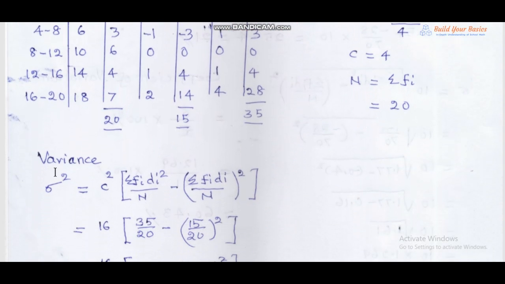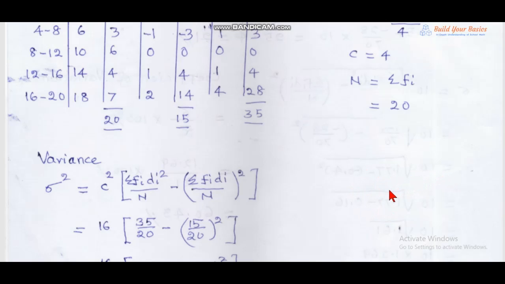Now variance is sigma squared equal to c squared into [sigma fi di squared divided by n minus (sigma fi di by n) whole square]. If it is standard deviation, we would have written the formula sigma equal to c into square root of [sigma fi di squared by n minus (sigma fi di by n) whole square].